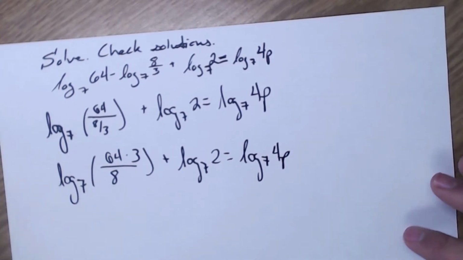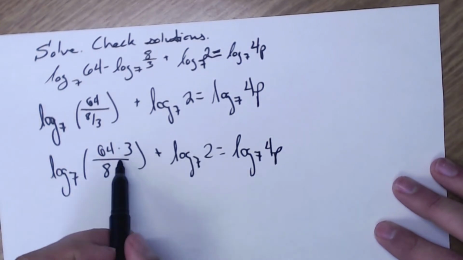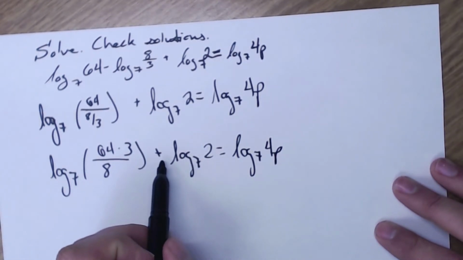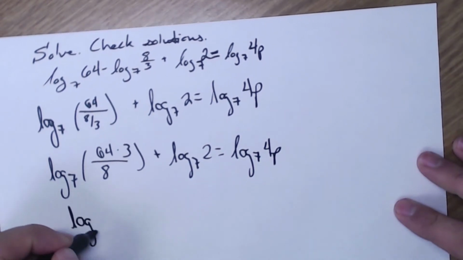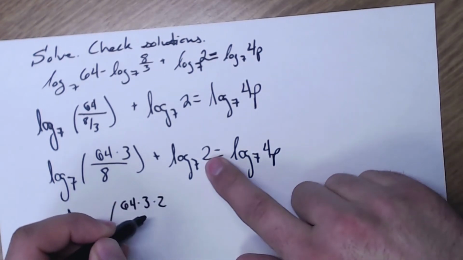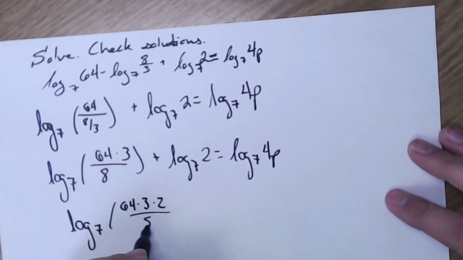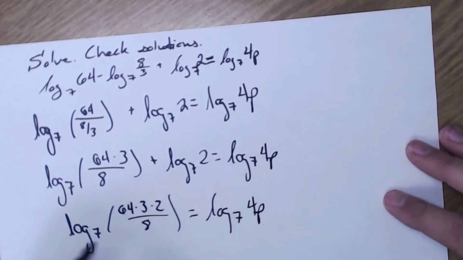Alrighty, now we can go a little bit further, and I can say these two things need to be multiplied because right now they're separated by a plus, and they're the same type of log. So now a log base 7 of 64 times 3, now times 2 as well, divided by 8, equals log base 7 of 4p.